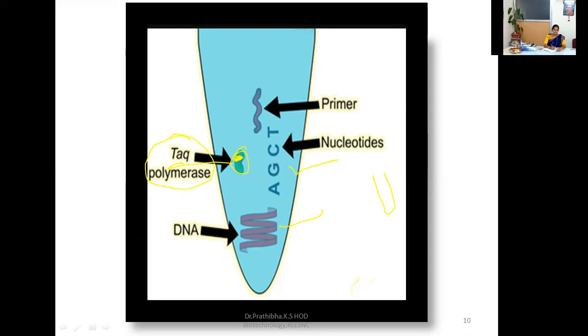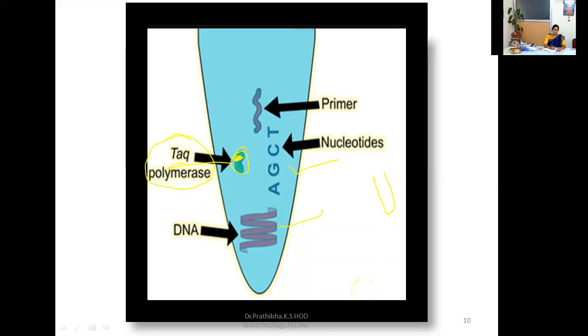When you're going through your higher studies, usually in entrance examinations they also ask about PCR. Even if you're attempting the IIT JAM examination or any other entrance examination, usually you'll get questions from PCR. So pay attention here. What kind of enzyme will be used in this PCR? I only said the word polymerase, right?